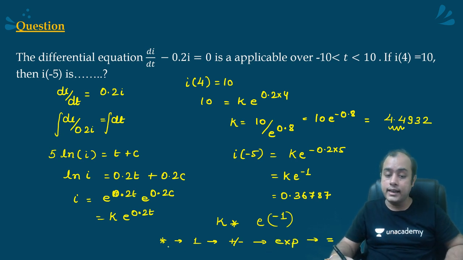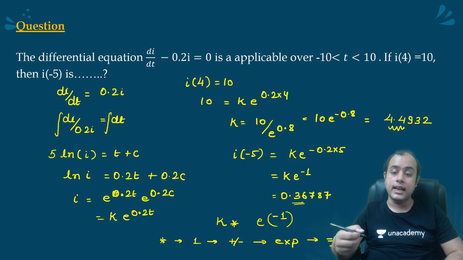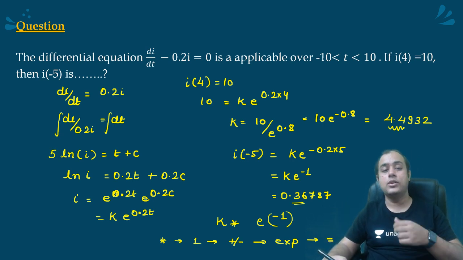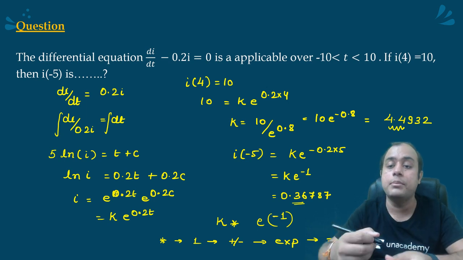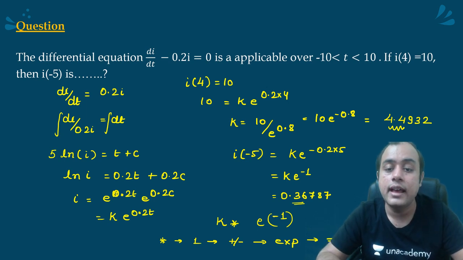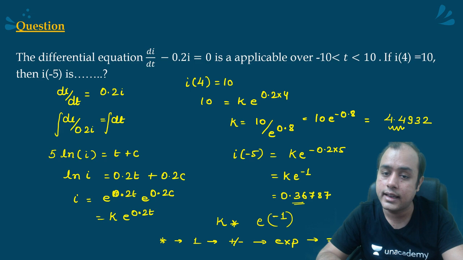So it indicates we have to multiply by e to the power minus 1, and it gives us the result. In this order, you don't need to delete the data from the calculator. You can continuously calculate. So that is where you can make use of these exponential and logarithmic calculations.